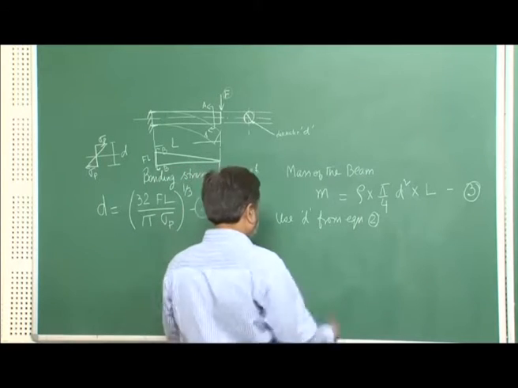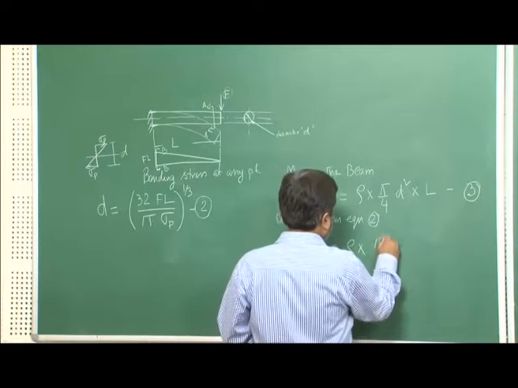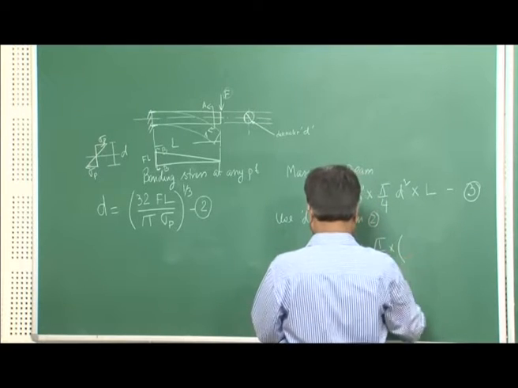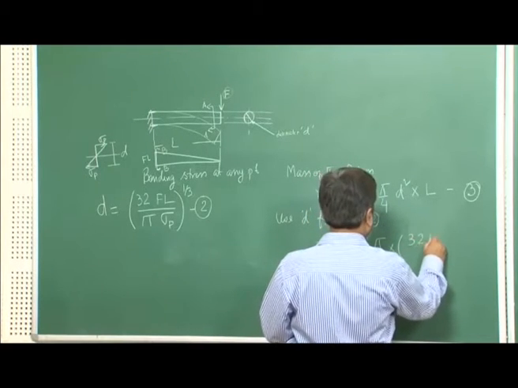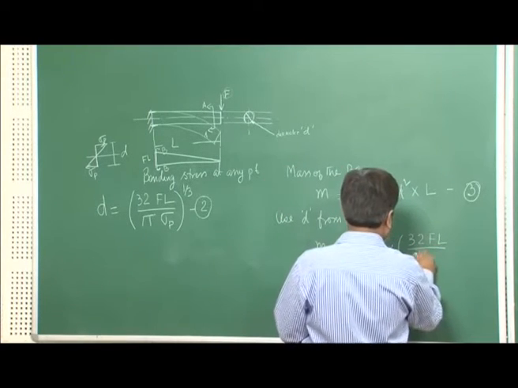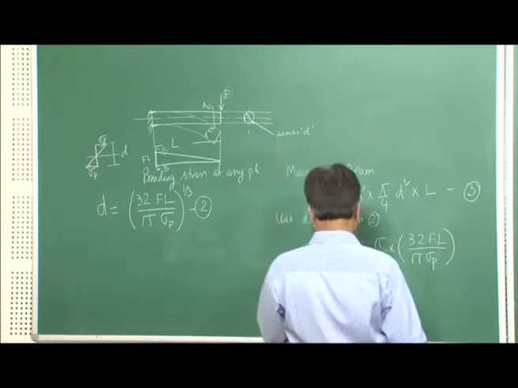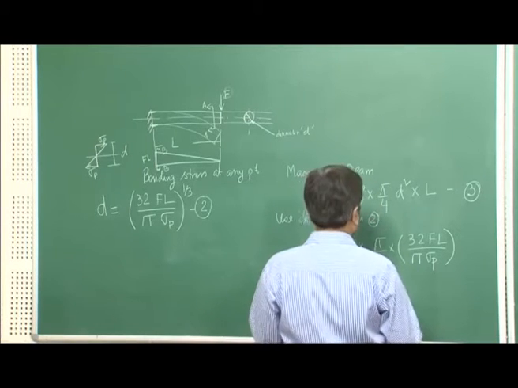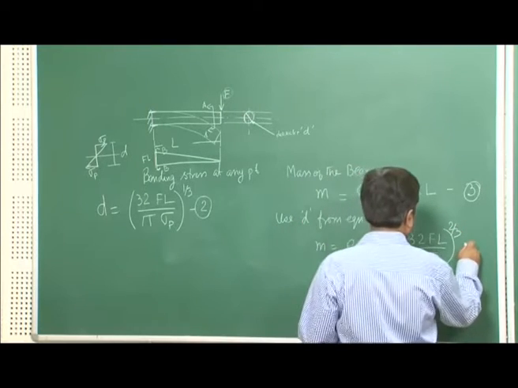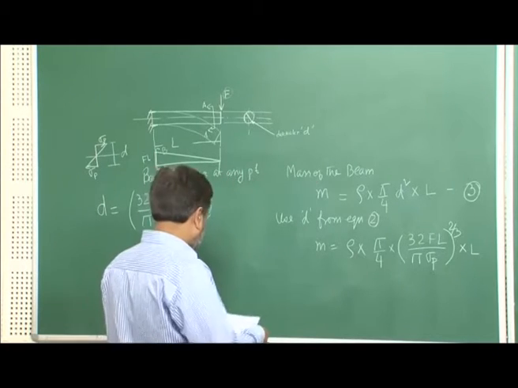If I use it here, then my M will be rho times pi by 4 times 32 FL by pi sigma peak to the power 2/3 (since d is to the power 1/3, d squared gives 2/3), times L. That is the mass of the system.